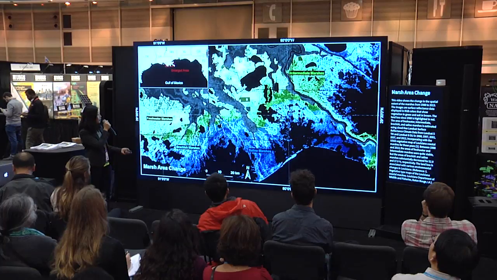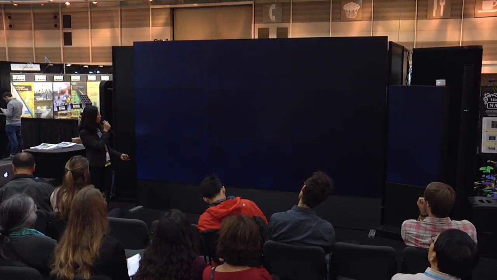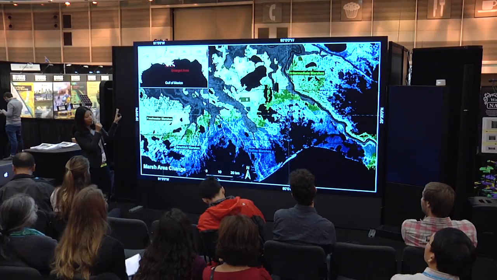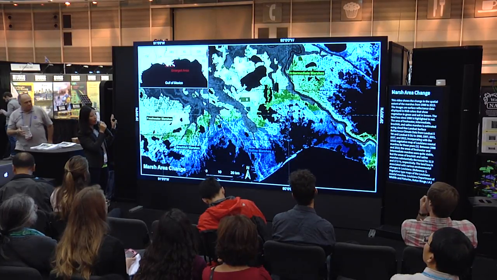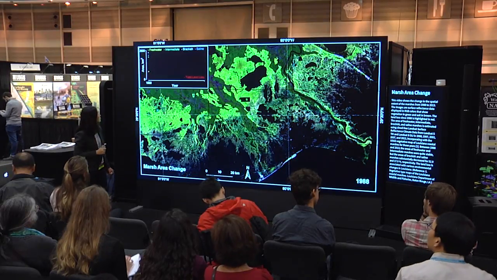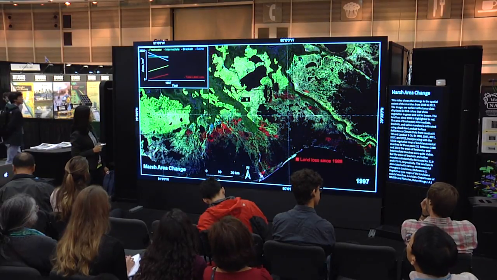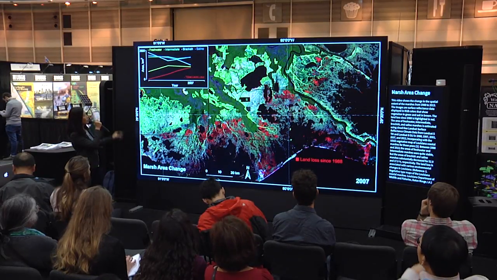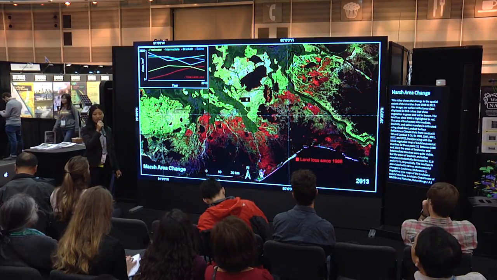And from the graph on the top, we can see where most of those land losses happen. That's the blue line for the brackish and saline marshes.